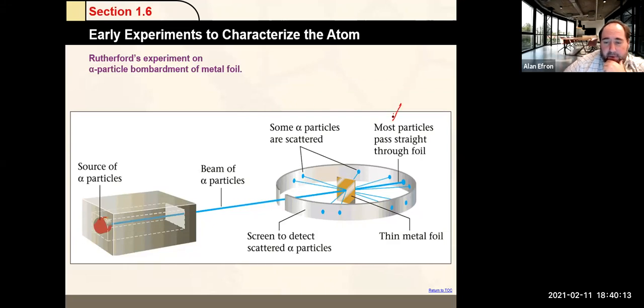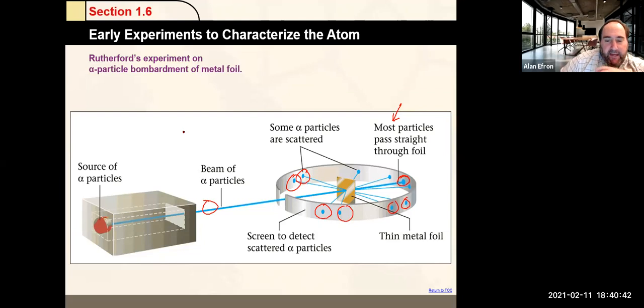He saw that most of the alpha particles went right through and just hit the detector straight on through. But every so often, these alpha particles would be scattered at really large angles. They would even come back this way toward where they were shot from at certain points. And that was very surprising based on the early model of the atom.